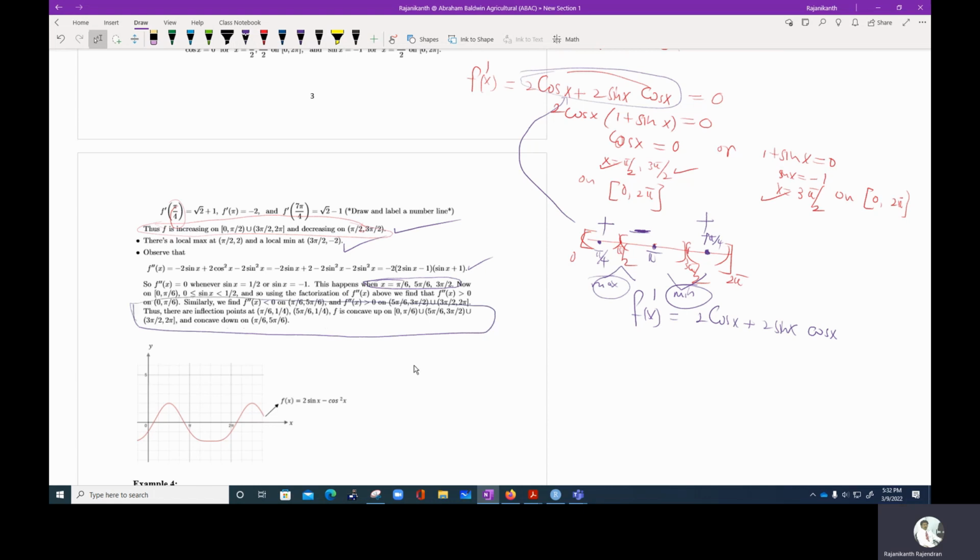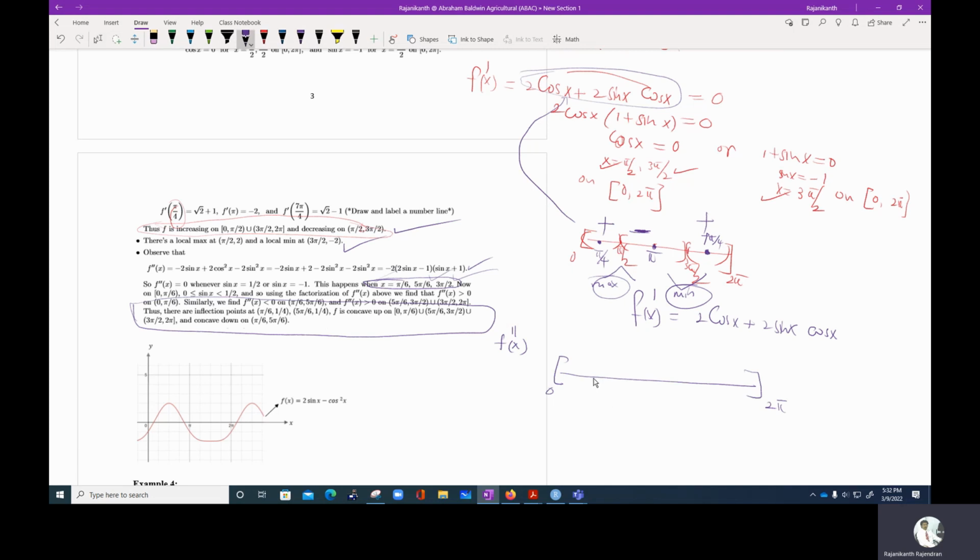Now this is your task. Could you check this? How do you check? Take the entire domain 0 to 2 pi. Now I'm checking if there are any concavity changes. So I'm talking about the second derivative now. If you set the second derivative to 0, there are 3 points you will get. These are the 3 possible candidates for inflection points.